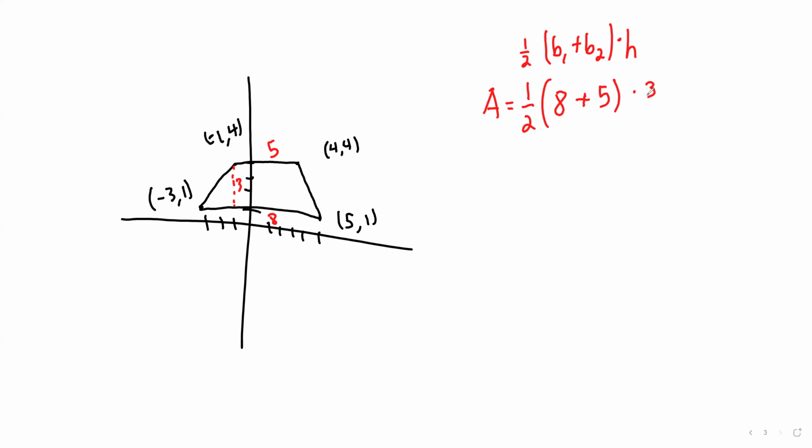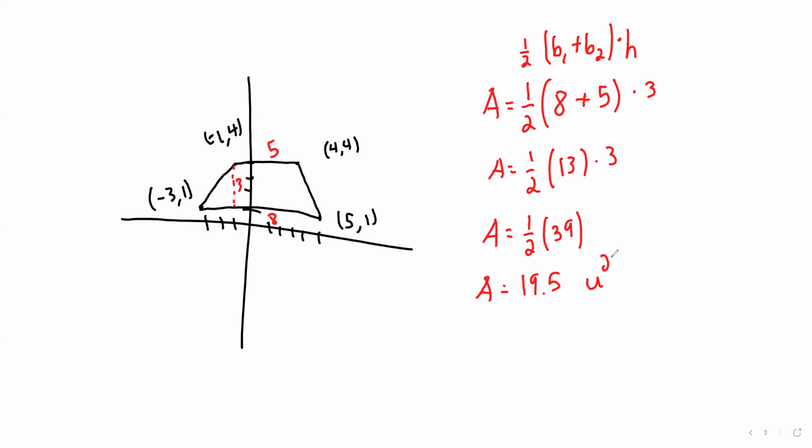Height is 3. You can feel free to use a calculator on this, or do it by hand. 8 plus 5 is 13. Now you can multiply by 1/2, or multiply by 3. Half of 39 is 19.5.